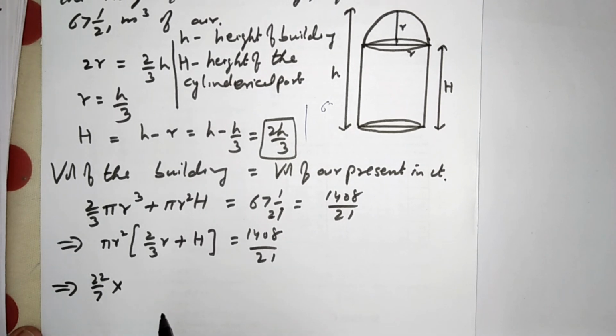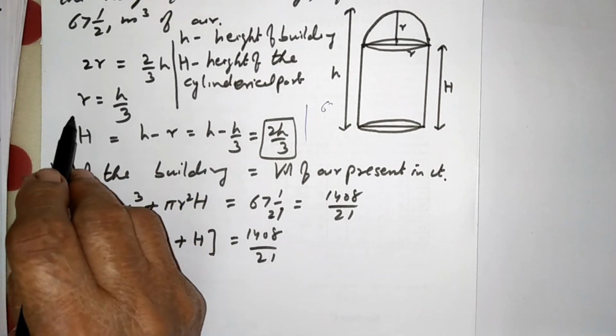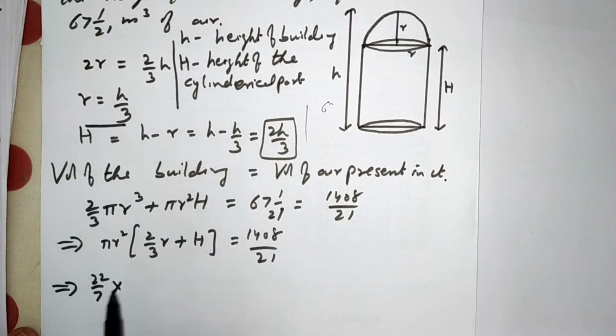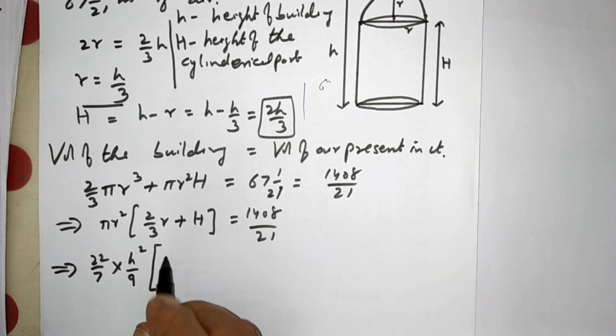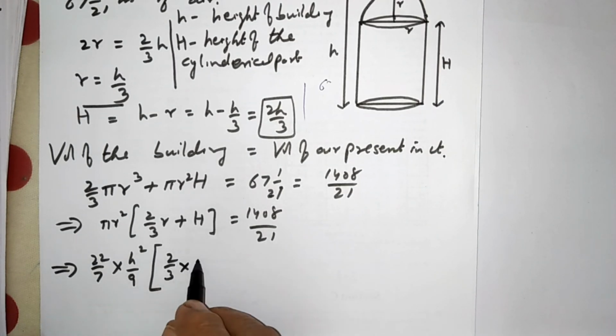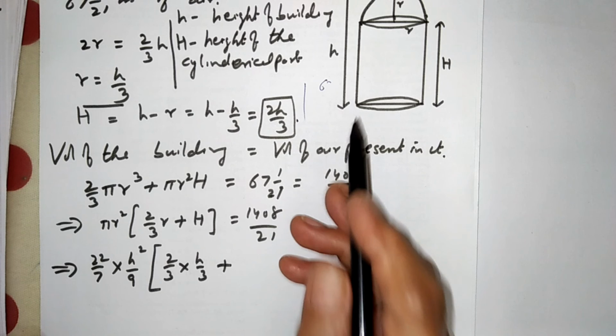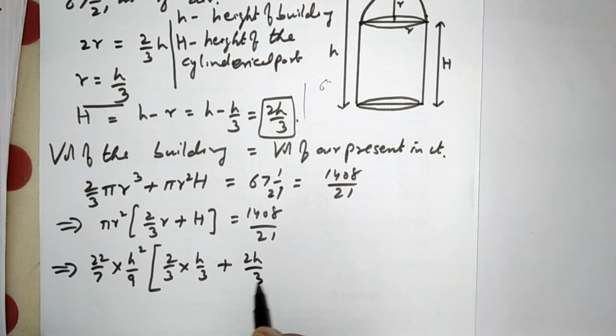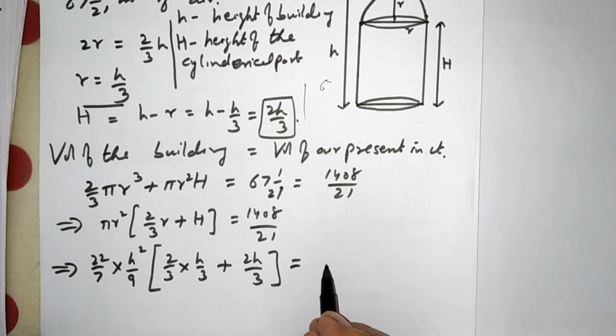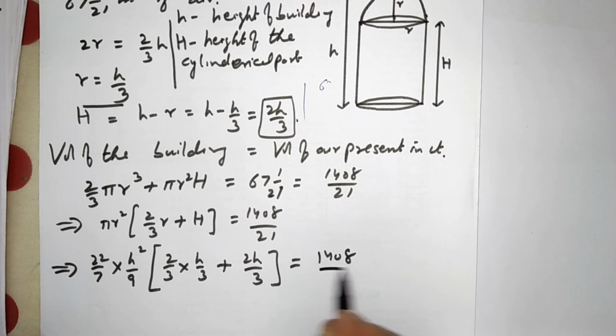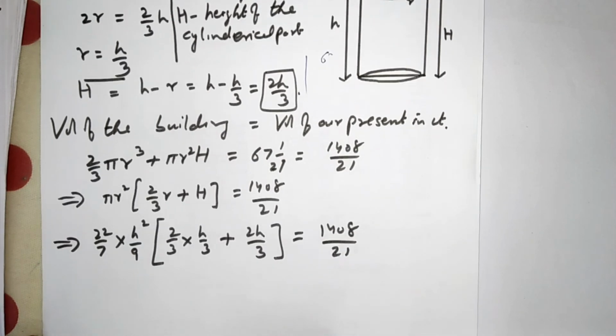R square will be, r is h by 3, r square will be h square by 9. 2 by 3, r is h by 3, plus capital H. Capital H was 2h by 3. It is equal to 1408 upon 21.